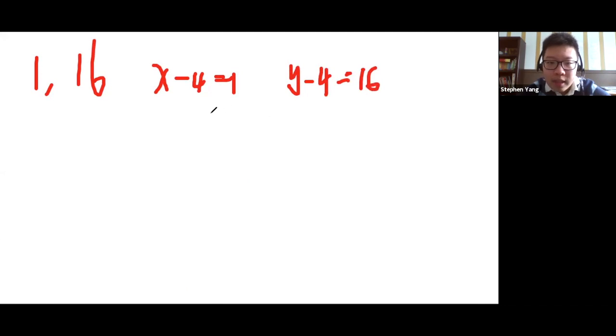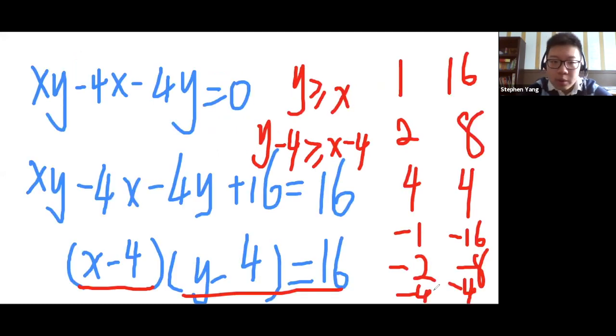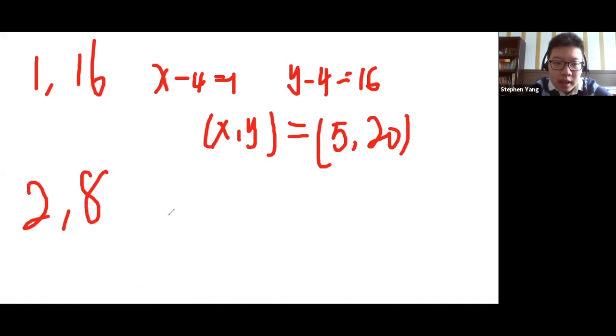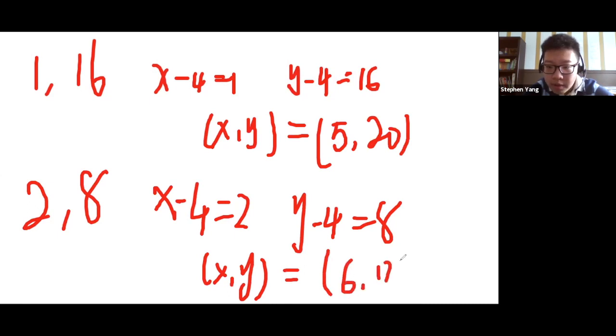which means you get one pair, which is 5 and 20. And then the next pair is 2 and 8, which means x minus 4 is equal to 2 and y minus 4 is equal to 8, which means the pair (x, y) is equal to 6, 12.